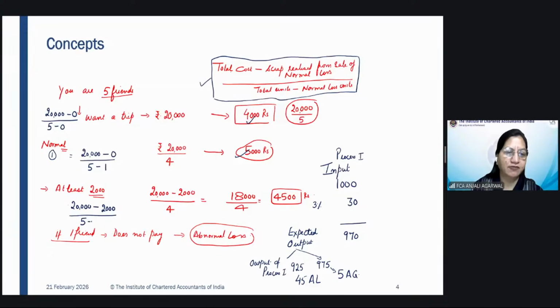Total units 5, one is not normal, he's not able to contribute. So 20,000 minus 2,000 divided by 5 minus 1, 4,500. So this formula will apply whether or not there is a normal loss, whether or not there is a scrap realized from sale of normal loss.